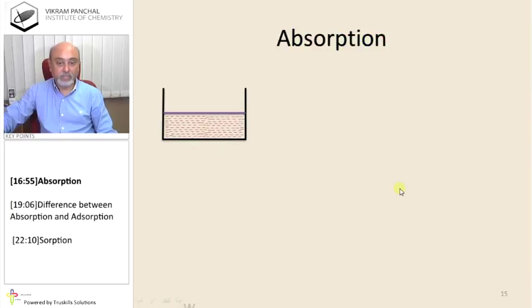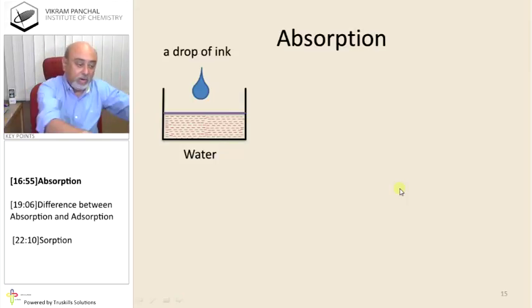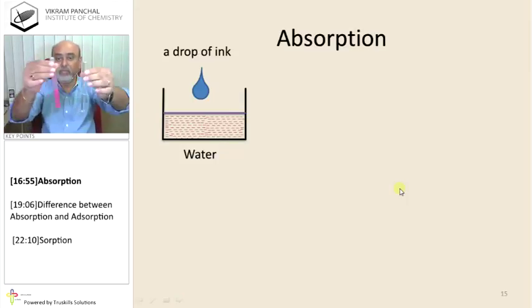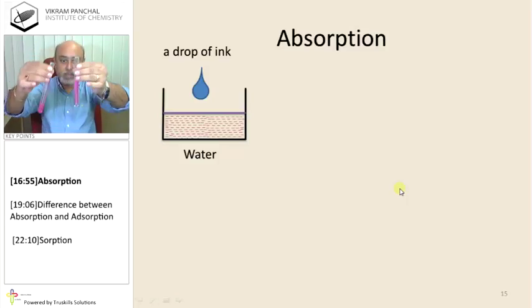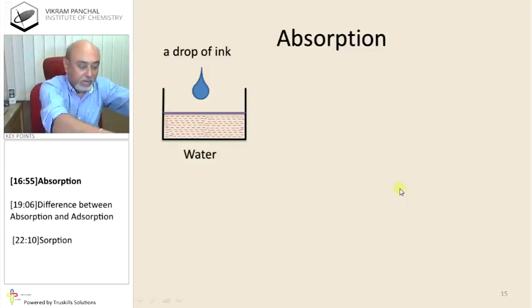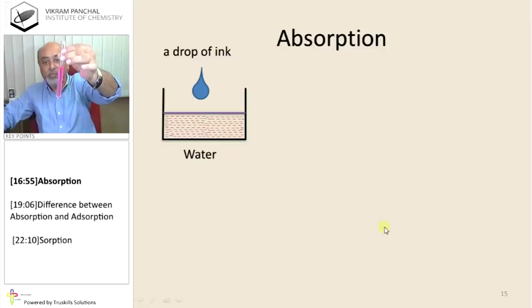Absorption. We take water. You can add ink in this water or a colored solution. This is rose aniline dye, and we can add this into this water. Look, when a colored solution is added to this liquid water, you can see the whole solution turns pink.